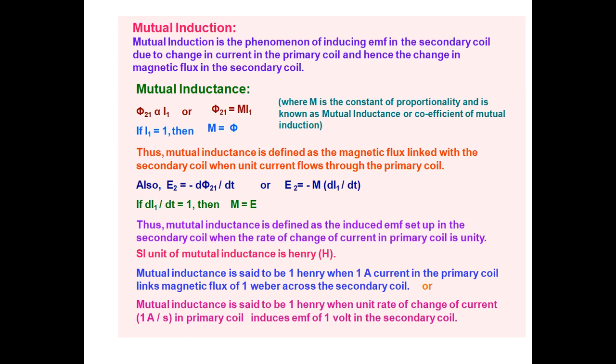Whenever the two coils are present, then if the current in the primary coil increases or decreases, the current in the secondary coil also varies.